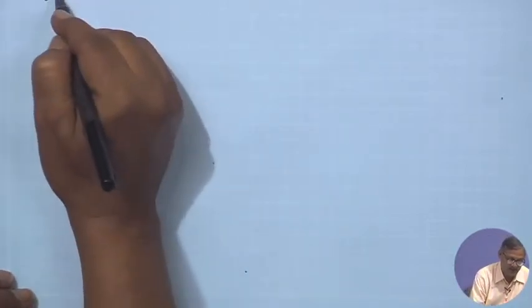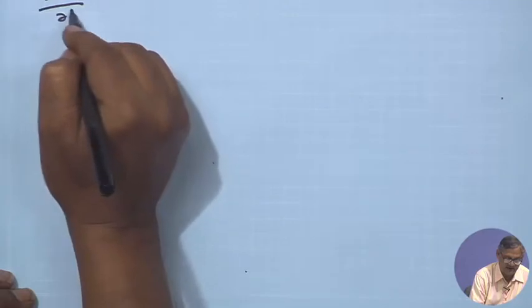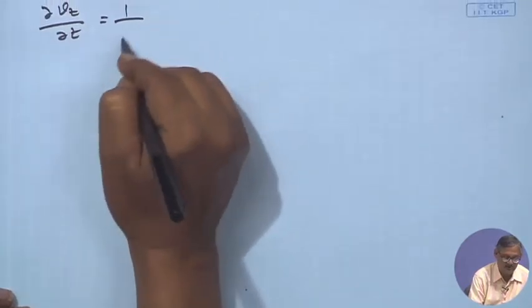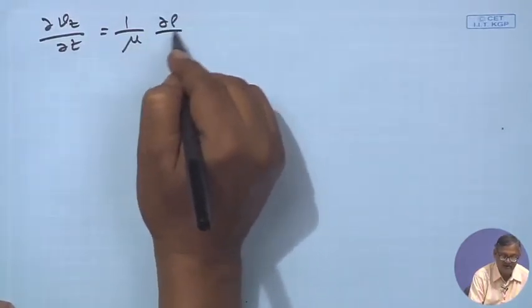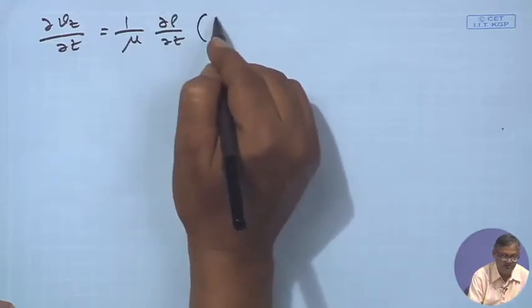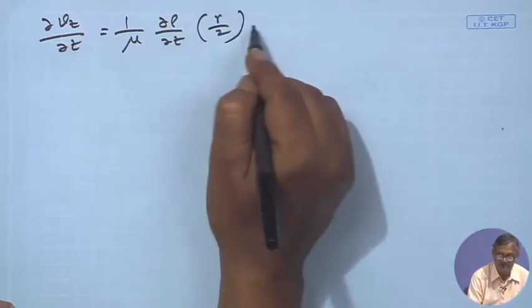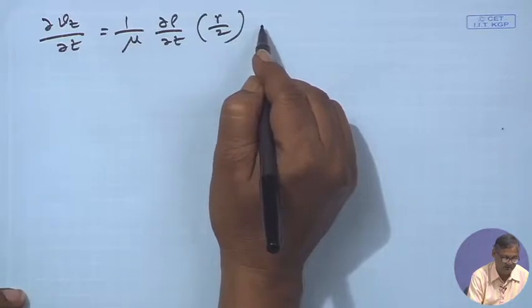Then ∂Vz/∂r is equal to (1/μ)(∂P/∂z) into r/2, since C1 was equal to 0.